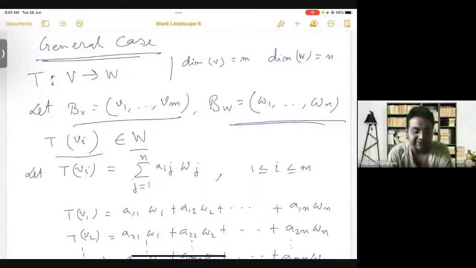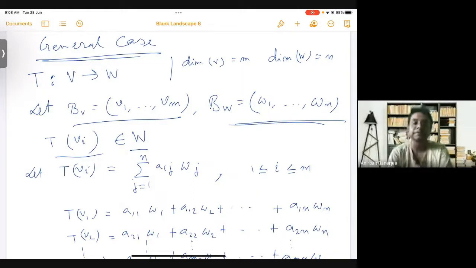Here T is a linear transformation, or linear map, from V to W, where the dimension of V is n and the dimension of W is m. B_V is the basis in V, and B_W is the basis in W. We want to construct the transformation matrix of T with respect to these bases. What does that mean?